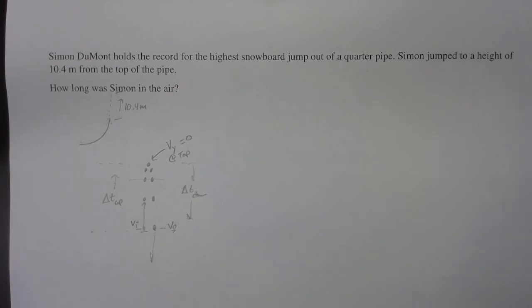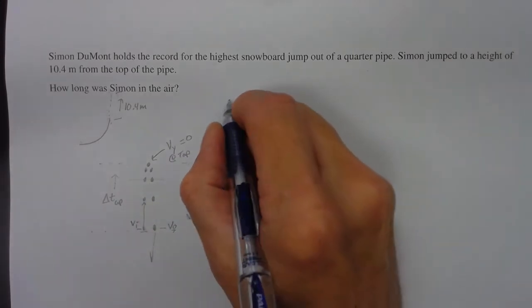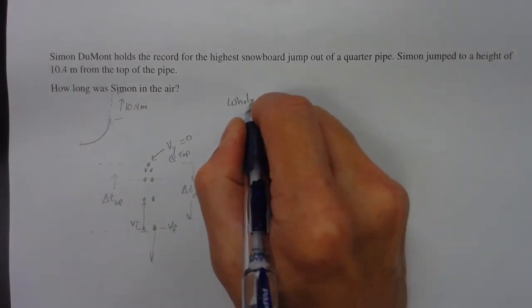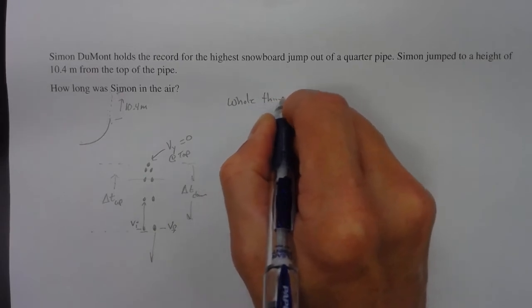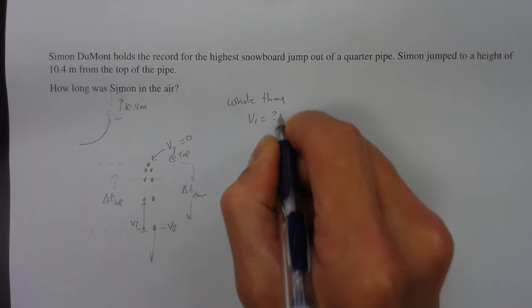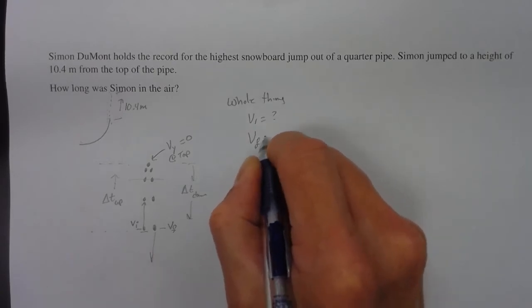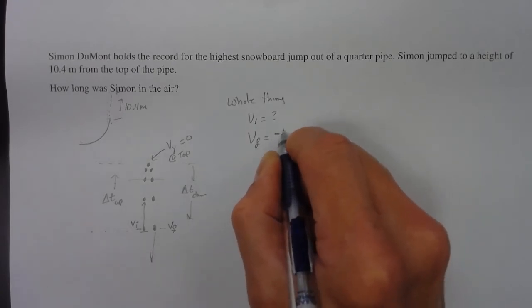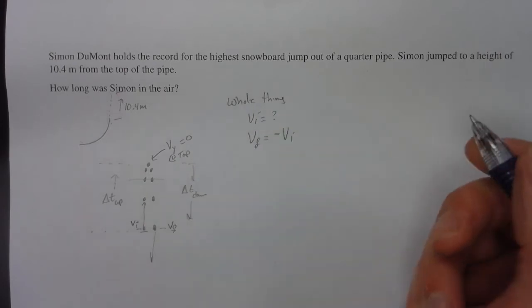Because with the equations we have, we can solve intervals from one place to another, but we can't solve for the time to go all the way around. So say we do the whole interval. We've got a velocity initial, which we don't know. We've got a velocity at the end, which we know is negative the velocity initial, but we don't know it.